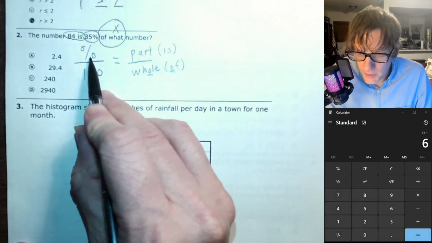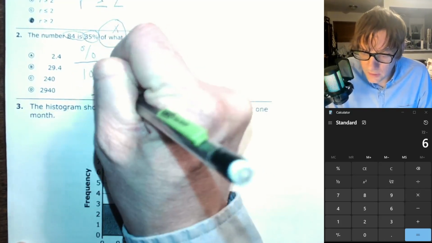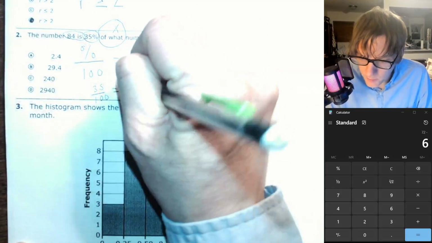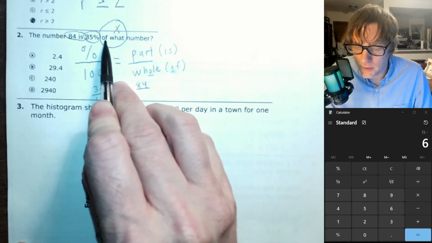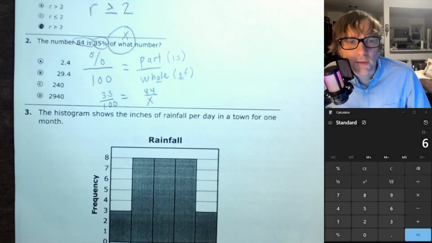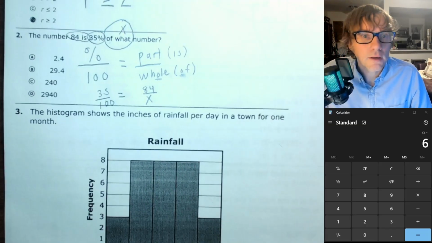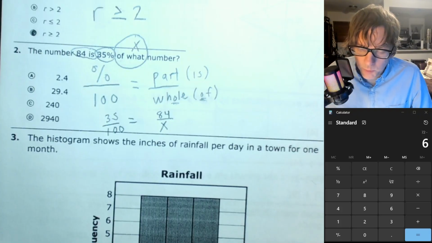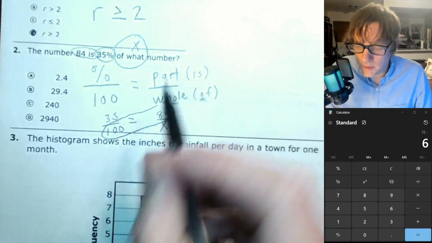So percent is 35 over 100 equals, and 84 is the is, so that goes on top, 84, and the what is going to be the x, and that goes with the of. So here is my proportion. All right, so I've got 35 over 100 equals 84 over x. All right, so now remember, to solve a proportion, multiply the diagonal, and then divide the leftovers.